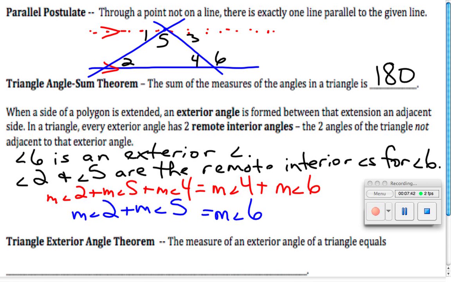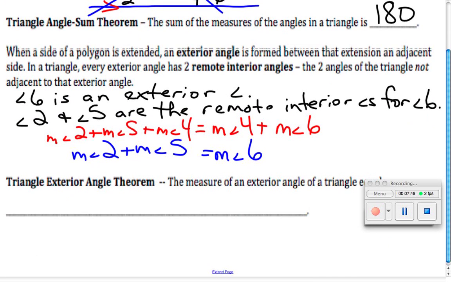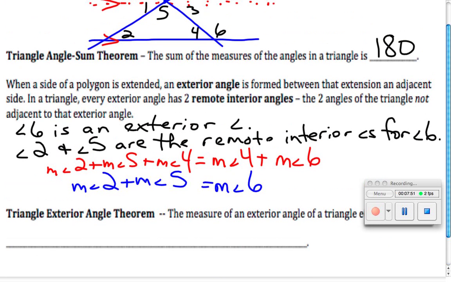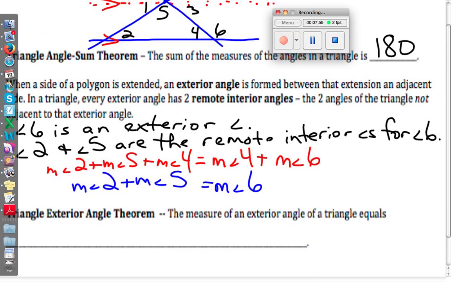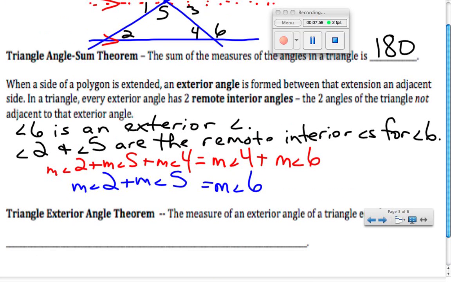Pick your pencils up. That's our next property. The fact that the measure of an exterior angle of a triangle equals the sum of the remote interior angles.